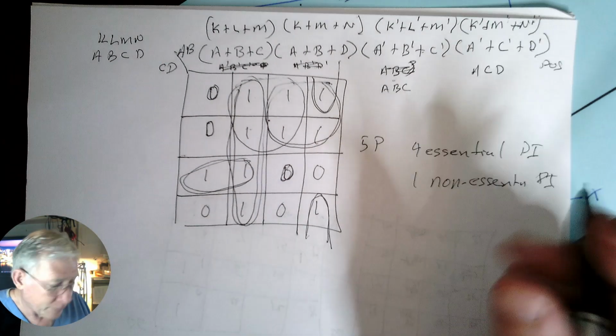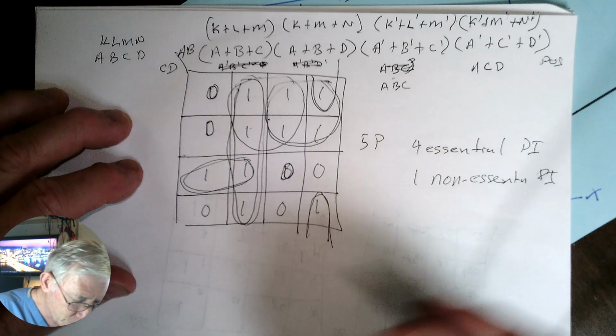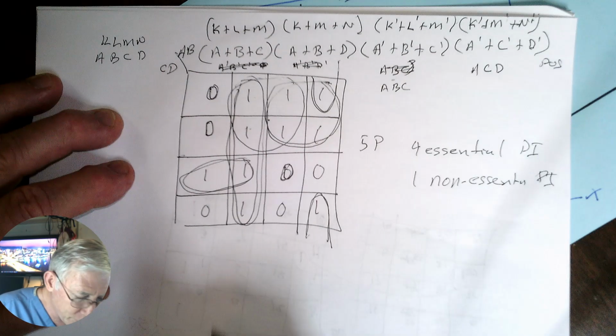Okay, now my final solution then, so let's write out the conversion. So what is the SOP form?